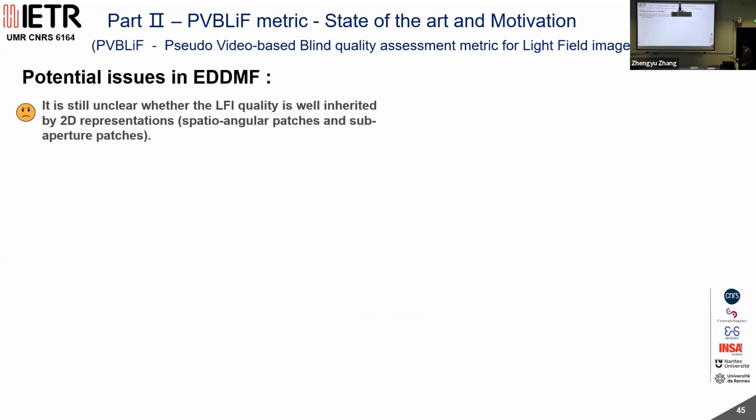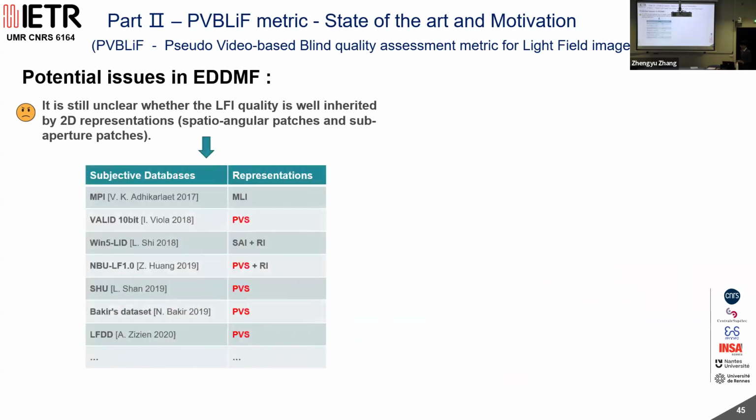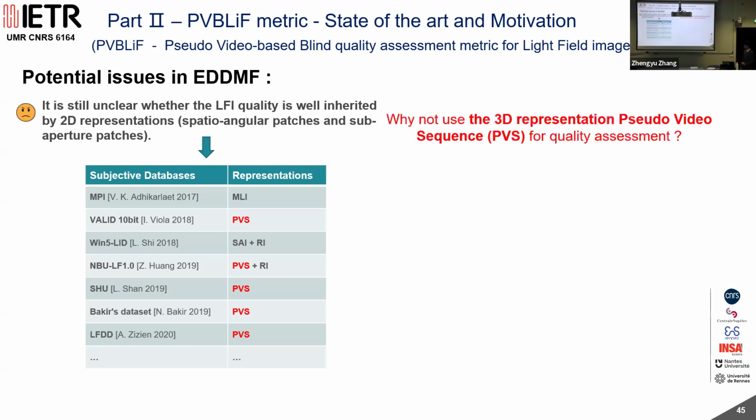And based on these issues, we summarize the representations that are used in the subjective experiments. And we find that actually the pseudo video sequence, the PVS, is commonly used to visualize light field images in the subjective test. So motivated by this, why not use the 3D representation, the PVS, for quality assessment?